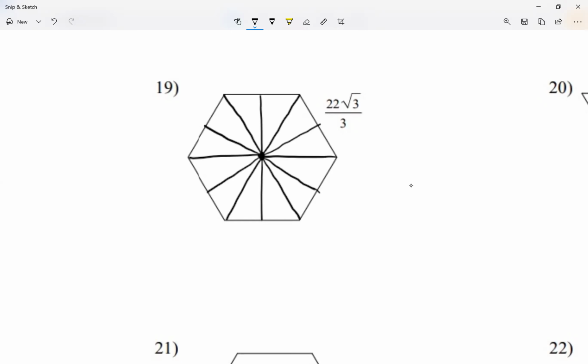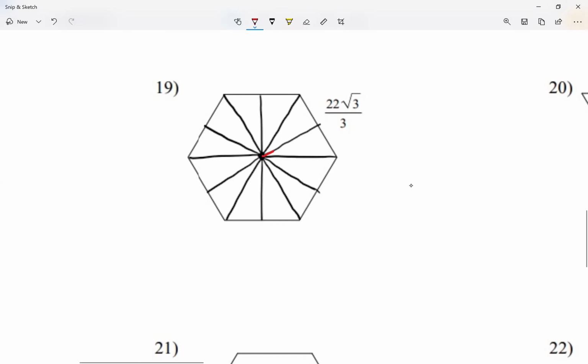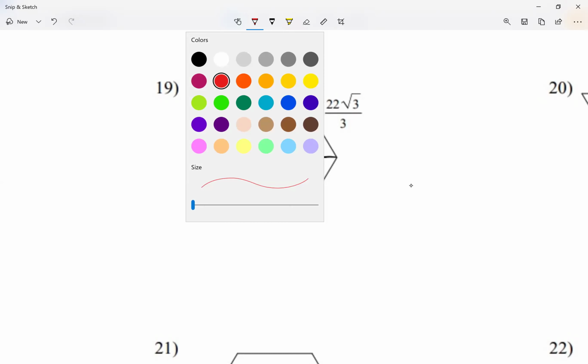And I'm going to focus on one of my triangles, this one. Interesting, this is going to be 90 degrees. Now, how many triangles do I have all together? Let's count. 1, 2, 3, 4, 5, 6, 7, 8, 9, 10, 11, 12. So there's 12 triangles.